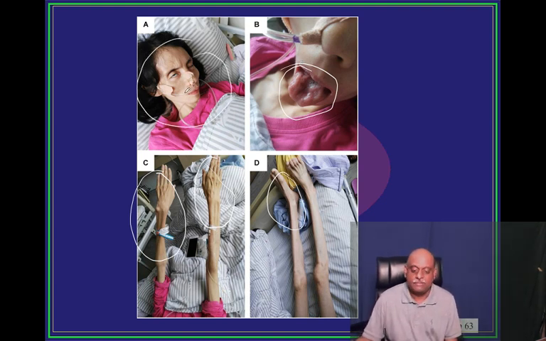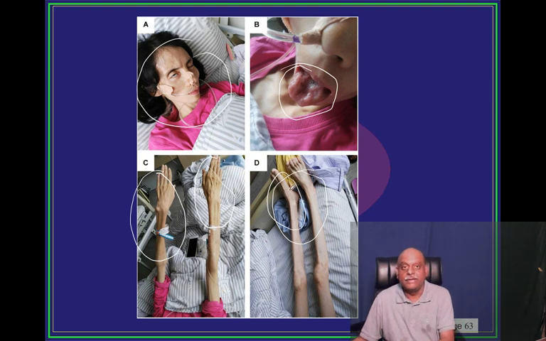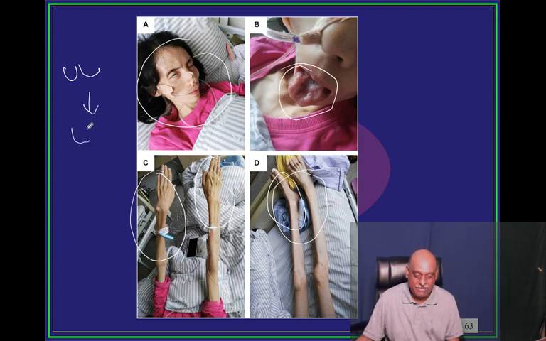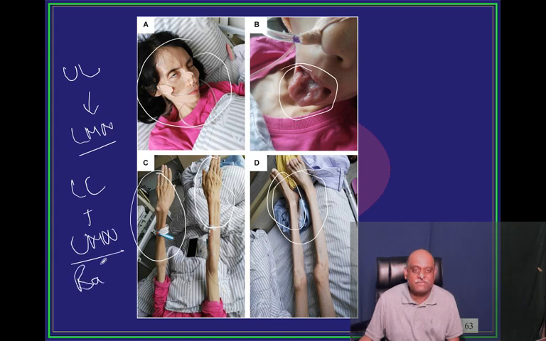Complete atrophy, right? But one classical feature: upper limbs show LMN features like atrophy, fibrillation, etc. Lower limbs show UMN features like hyperreflexia, Babinski positivity.